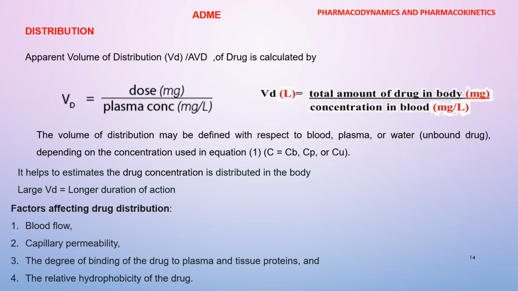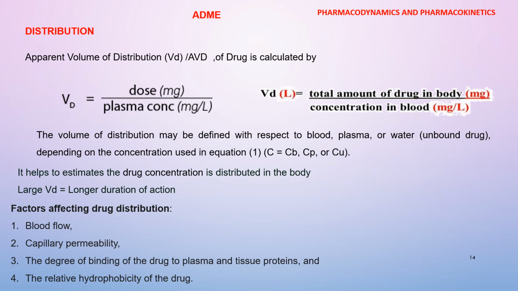So, the apparent volume of distribution, that is AVD or VD, is calculated by the ratio of dose to plasma concentration. The volume of distribution may be defined with respect to blood, plasma, or water, that is the unbound drug, depending upon the concentrations used in the equation.